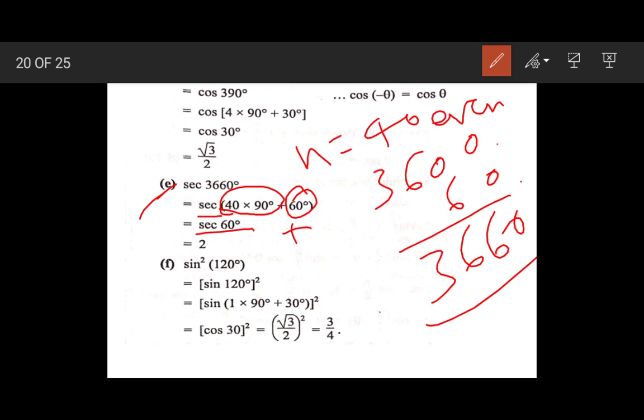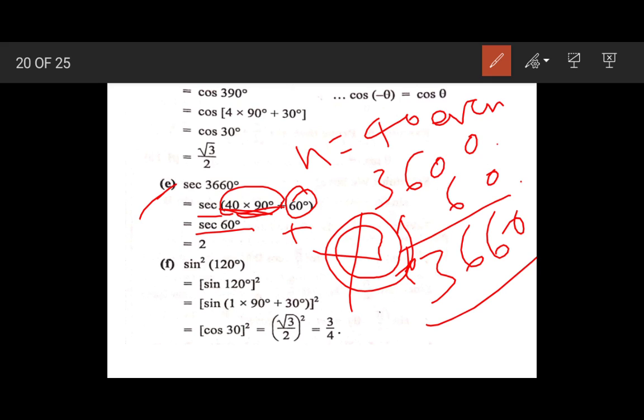Now positive or negative? 40 times 90 means it will come back here only after 40 rotations. Then 60 will be in the first quadrant.